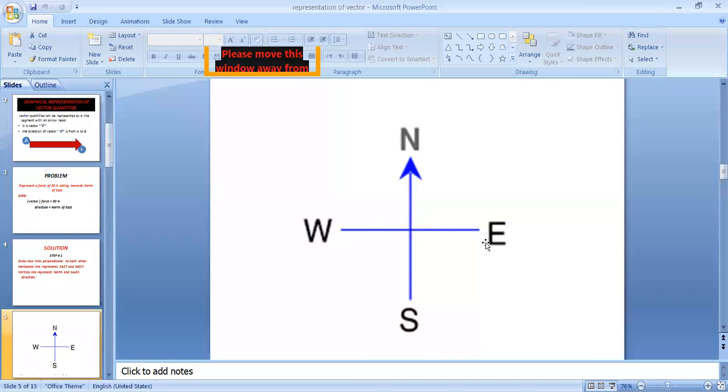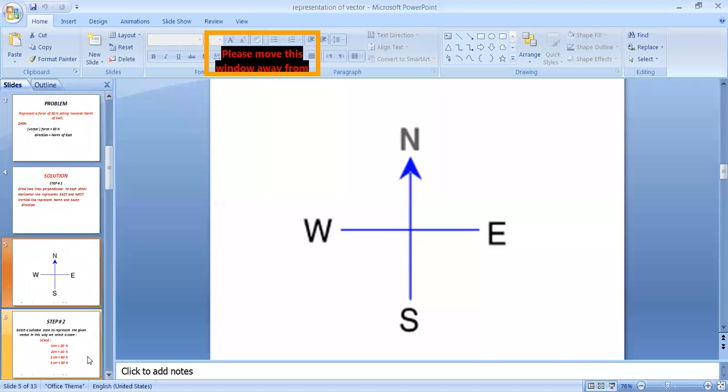West and east are on the horizontal, north and south are vertical. North and east make a perpendicular, and in the same way north and west make a perpendicular. The first step is to make the directions, and there are four directions: north, south, west and east.